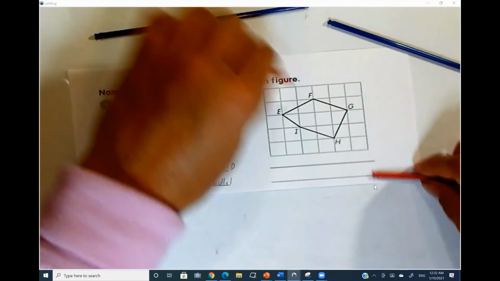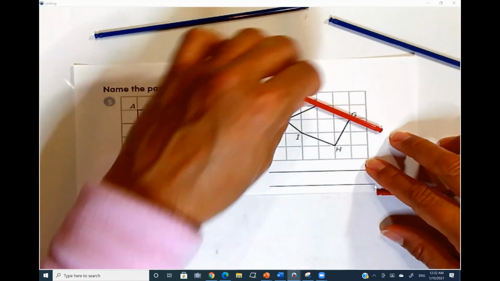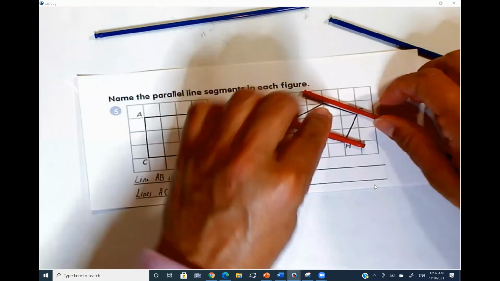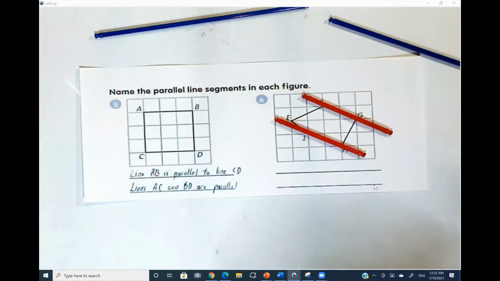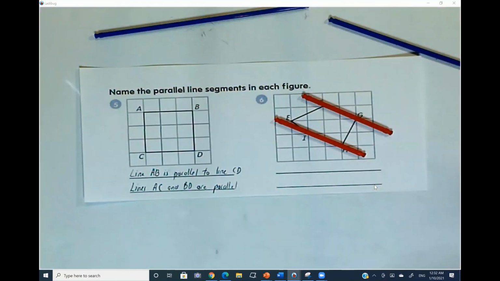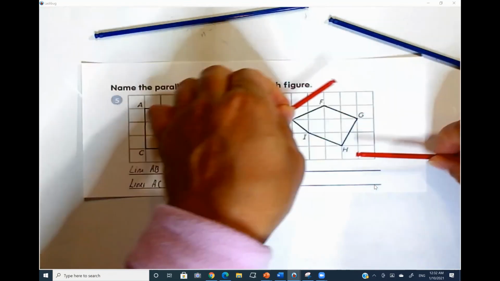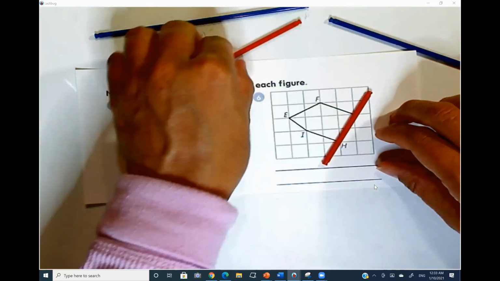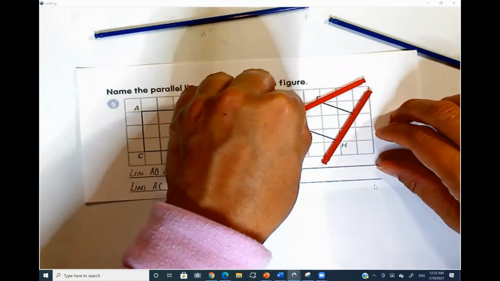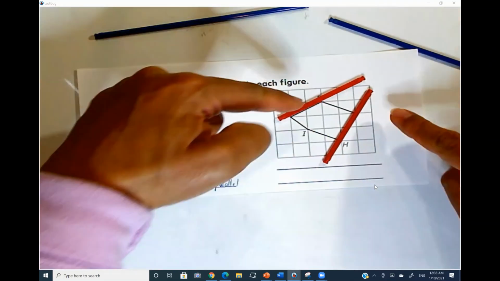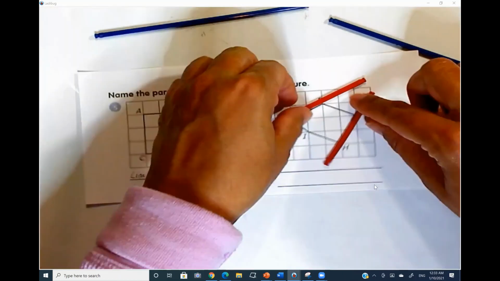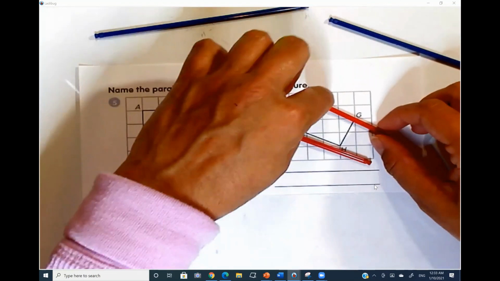I can see that the line FG and IH are parallel. So I only have one set here. If I try to find another set, I'm going to notice that EF and GH, okay, let me just place it back, they're not parallel because if you notice, they're getting closer together and they're separated on this side. So this one only has one set, which is going to be FG and IH.